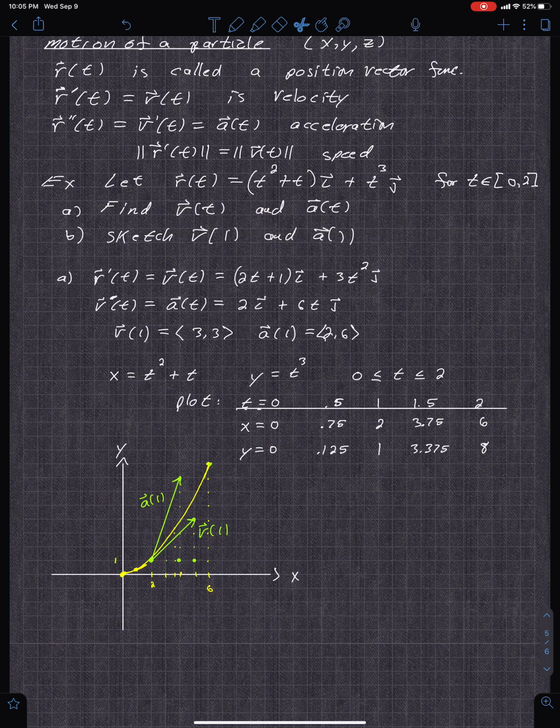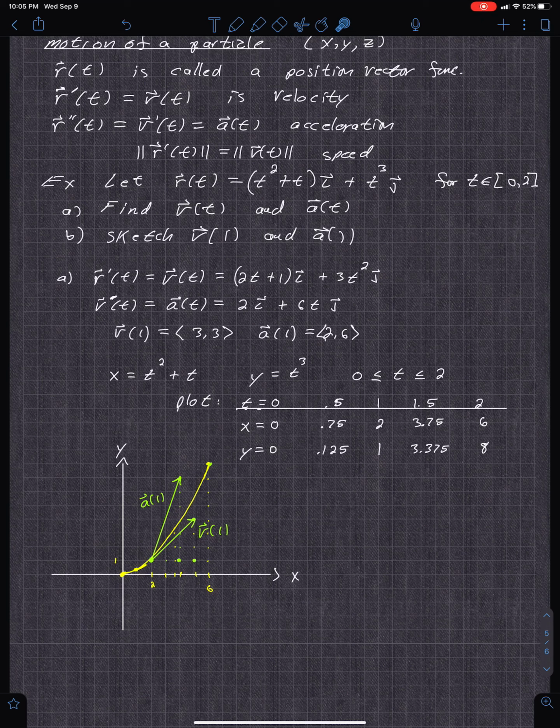All right, so let's go over this a little bit. So here's your r prime. There's your velocity vector. v prime is your acceleration vector. And then when you do v of 1, you get 3, 3, and a of 1 is 2, 6. So what I was referring to is how to sketch it.